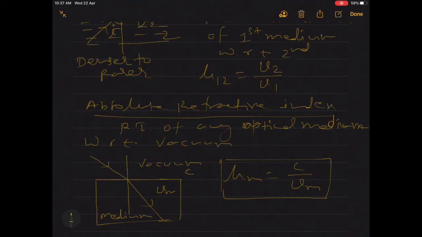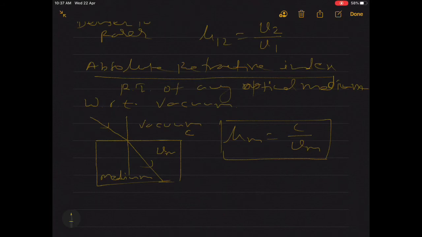Now one thing would be very interesting to learn, that refractive index is always written for the denser medium. The rarest medium is vacuum, in which the light has the fastest speed, and all the tables are given for the absolute refractive index of the optical medium.